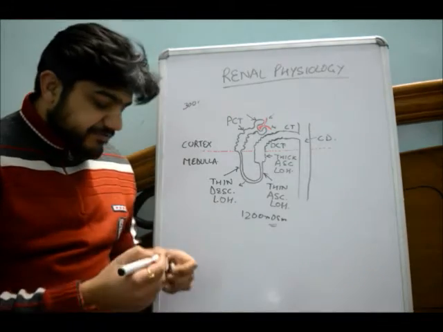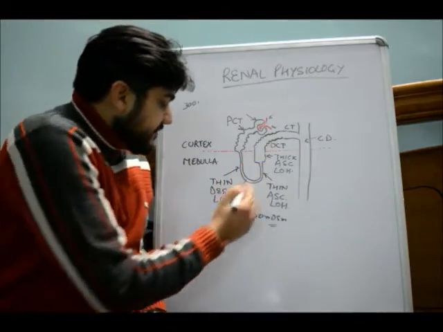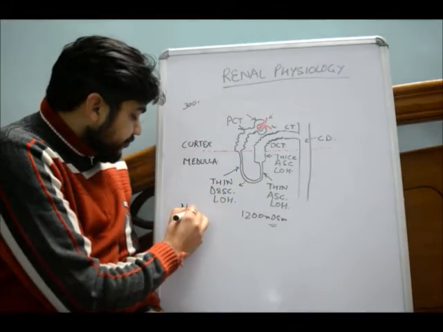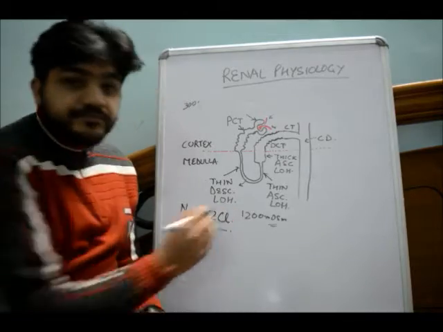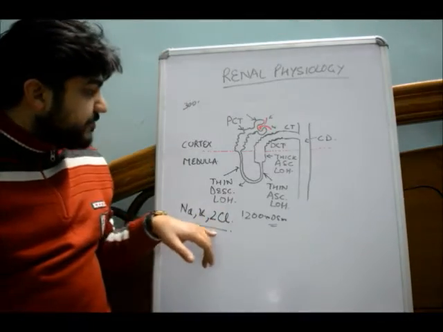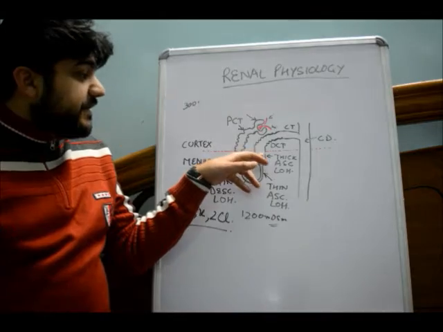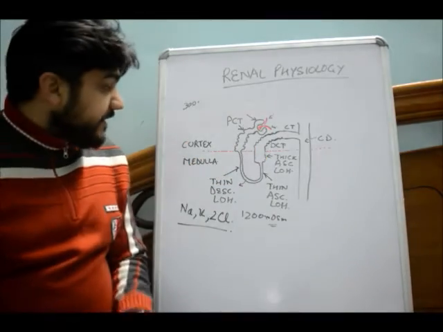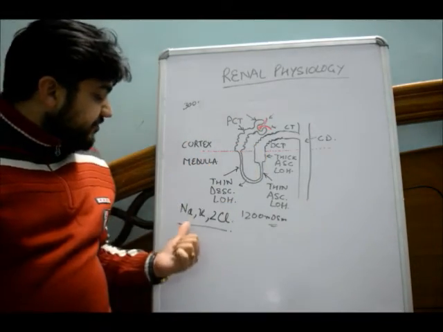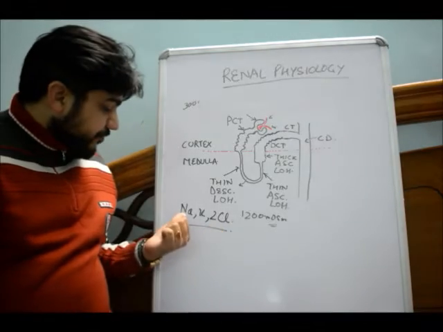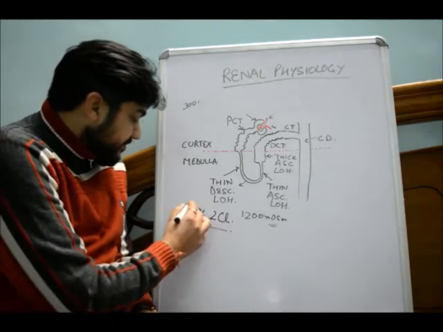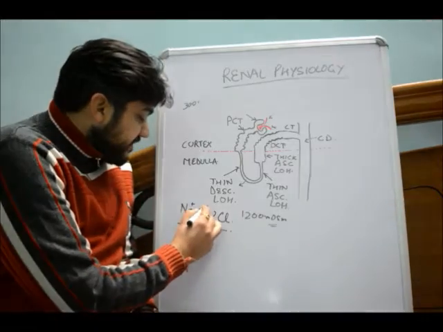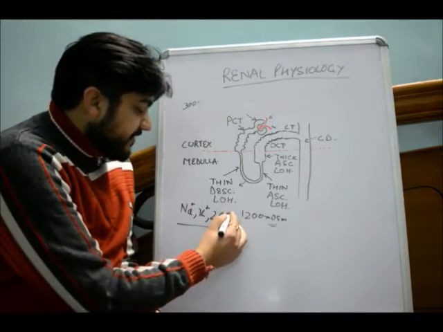There is one channel which we call the sodium potassium 2 chloride channel, which is functional in the thick ascending loop of Henle, and it causes movement of these four ions: sodium, potassium and 2 chloride. Sodium is a positive charge, potassium also has a positive charge, and chloride has a negative charge.